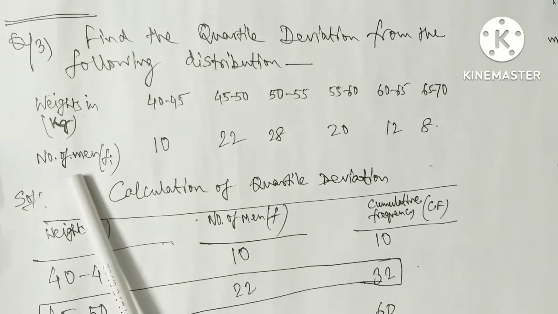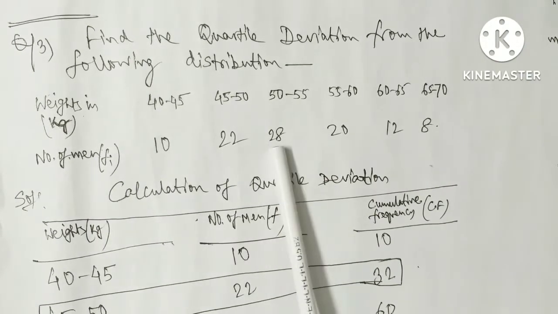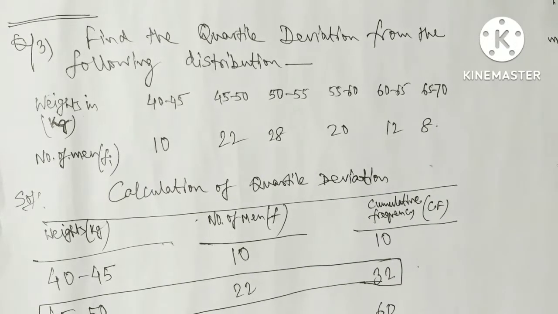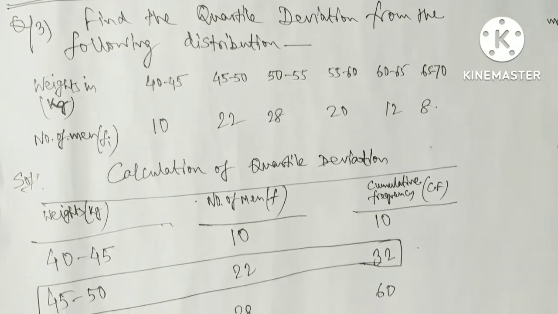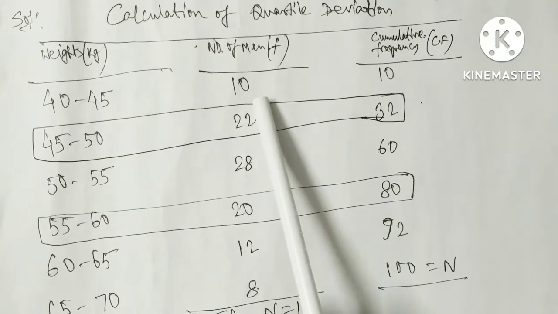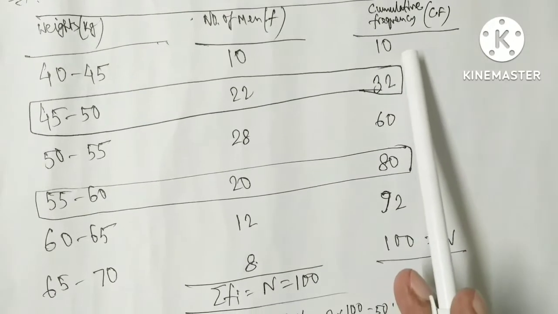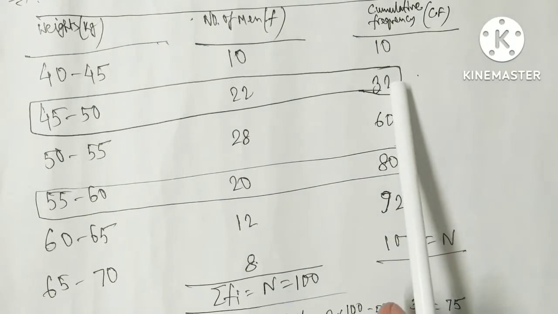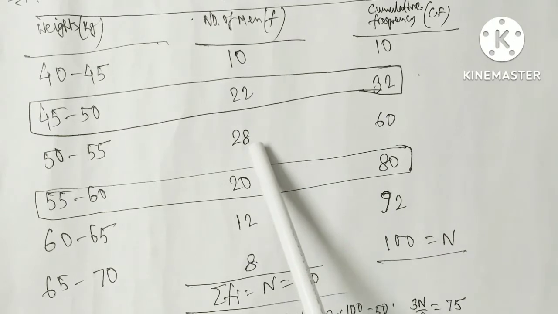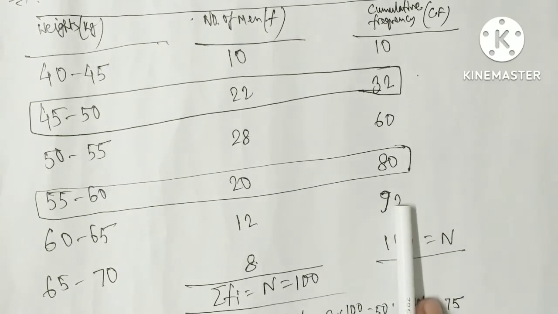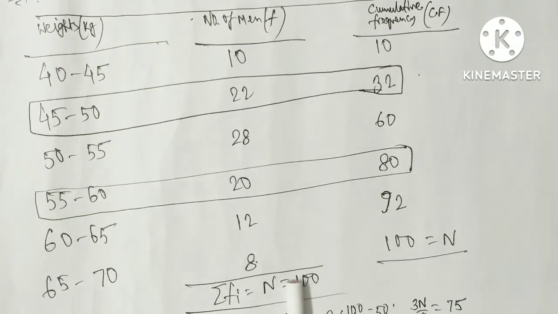And number of men, that is frequencies: 10, 22, 28, 20, 12 and 8. We arrange this in cumulative frequency form: first frequency is 10, second 22, and we get 10, 32 as cumulative frequency, again 28, and this becomes 60, and in this way we get cumulative frequencies. Total frequency is 100, that is n equals 100.